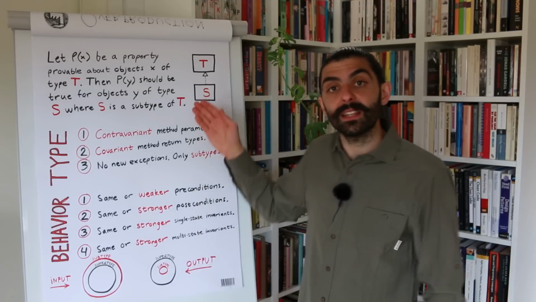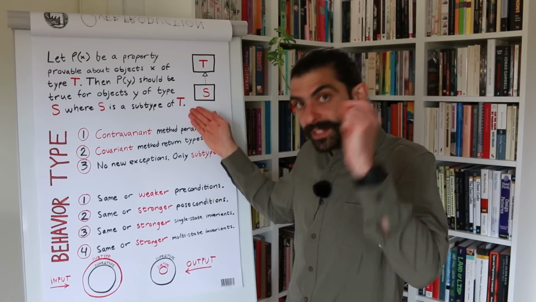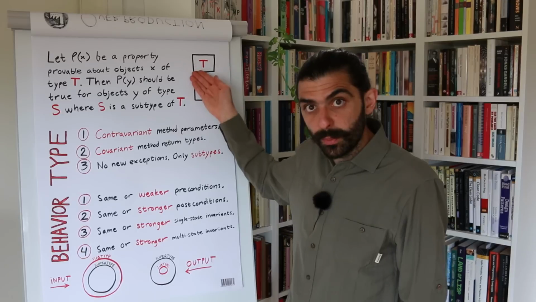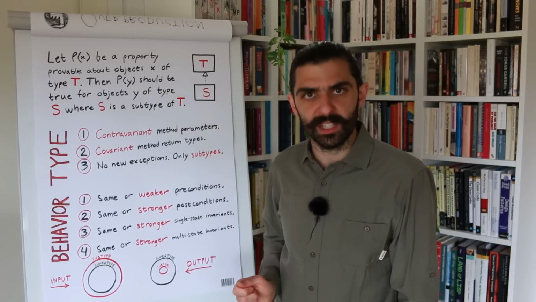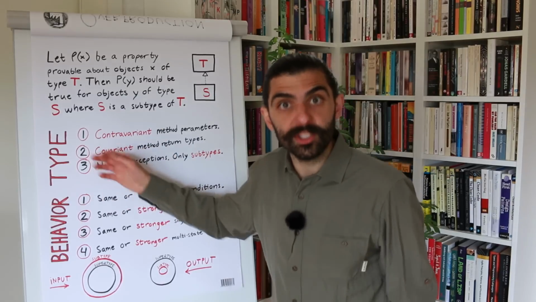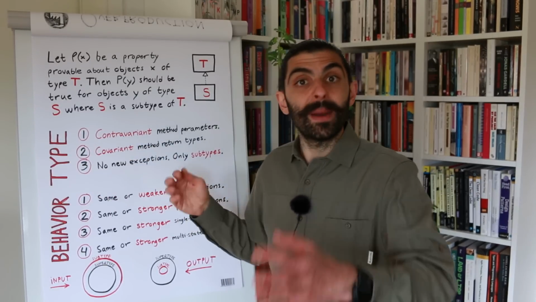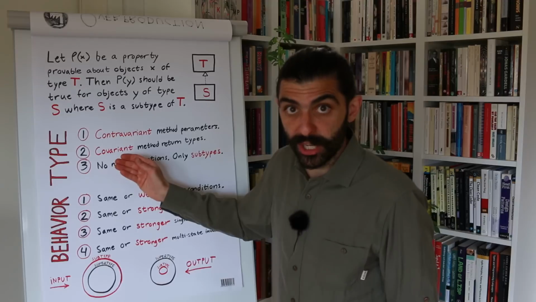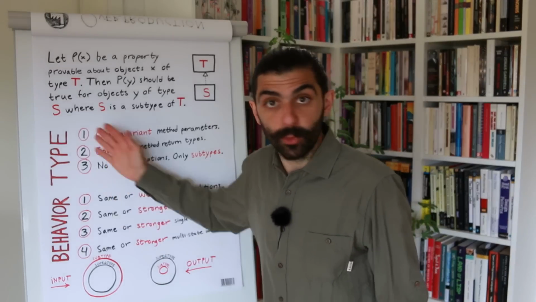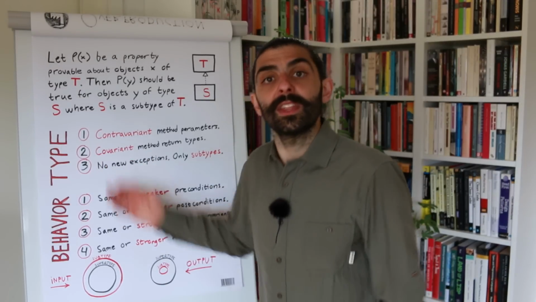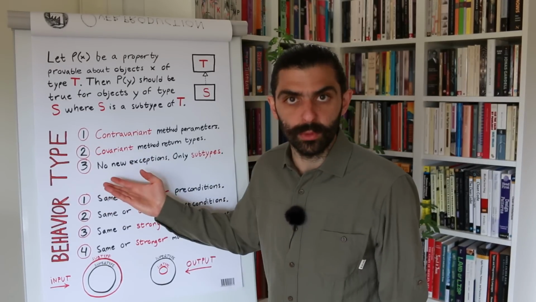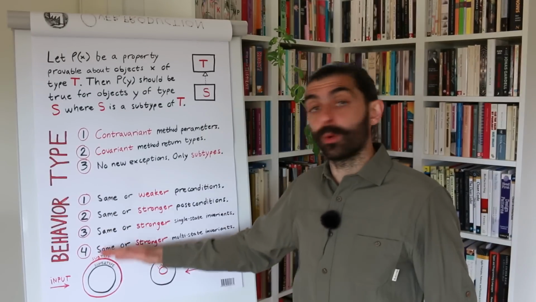So exceptions in the subtype need to be of the same type as the exceptions in the supertype, or subtypes of those exceptions. That's it for the type rules, and again, these rules can be and are enforced by many compilers, by many type checkers. Not all languages enforce all rules, but in theory, the languages could enforce all rules. Let's move on to the behavioral rules.